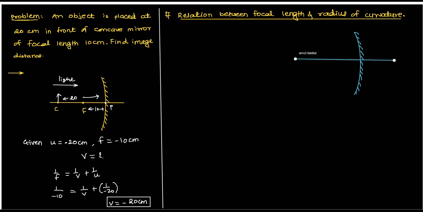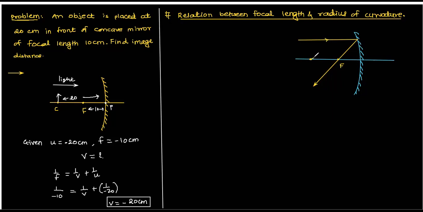Now I'm taking some paraxial rays, which are parallel to the principal axis, and then they are going through the focus. Here you have the center of curvature, this one is the focus, and these are the paraxial rays.